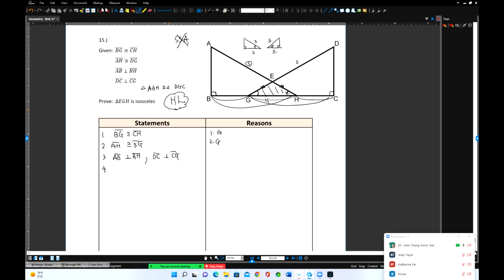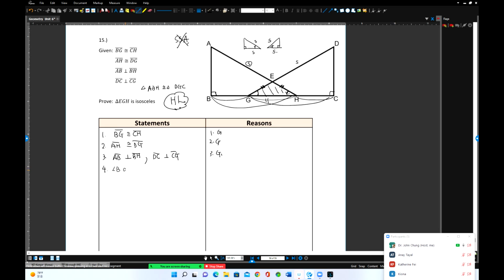When you get the side angle, check it out. If this is a right triangle, we can go HL. If this is not a right triangle, we cannot prove that. So first, we have to go HL. We have to say these two triangles are right triangles first.